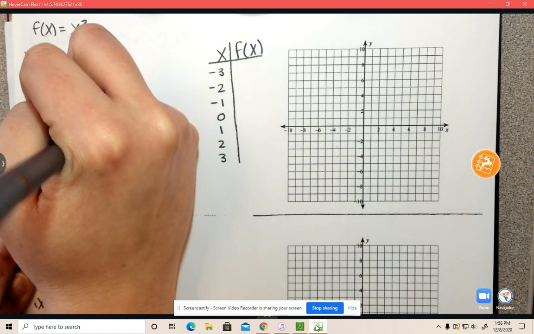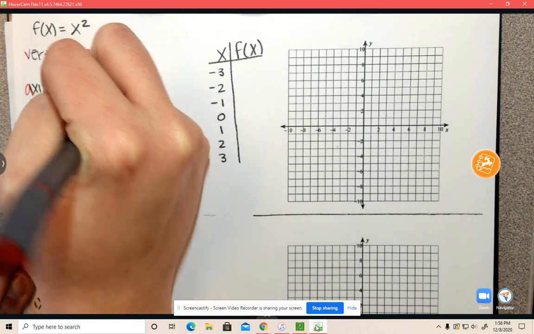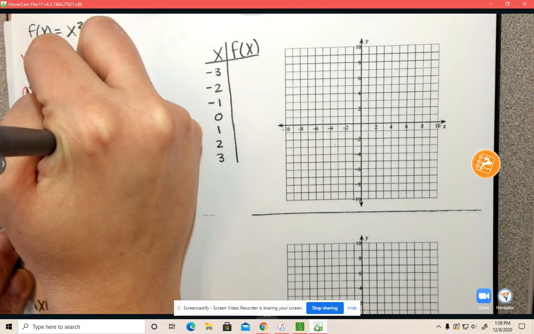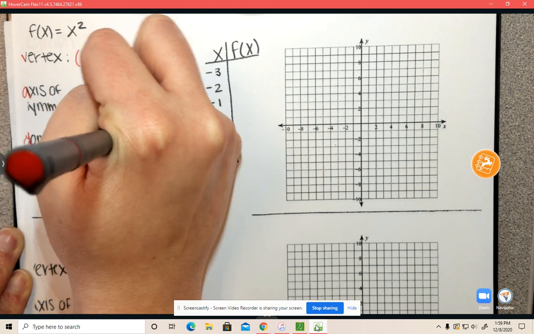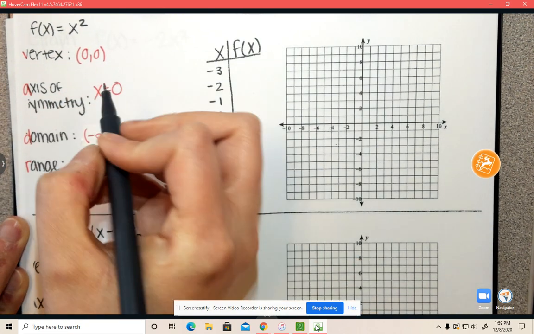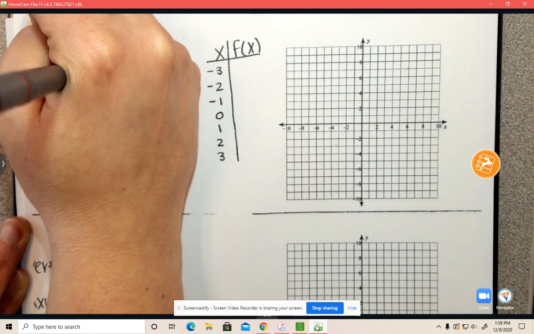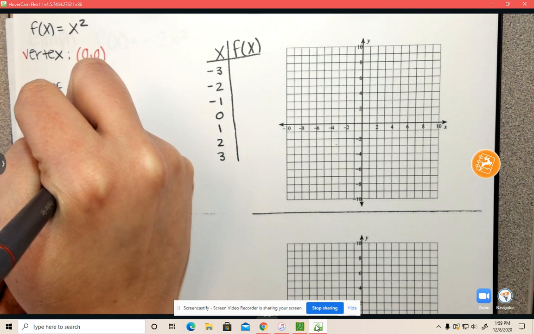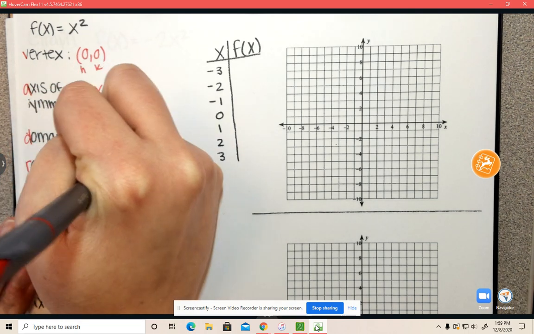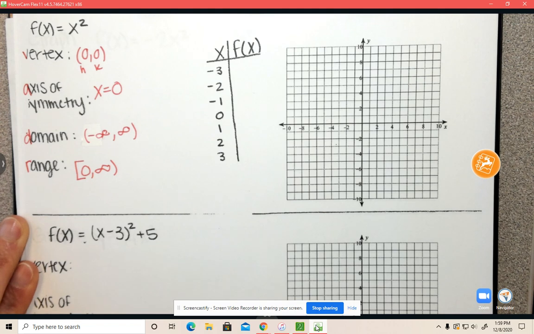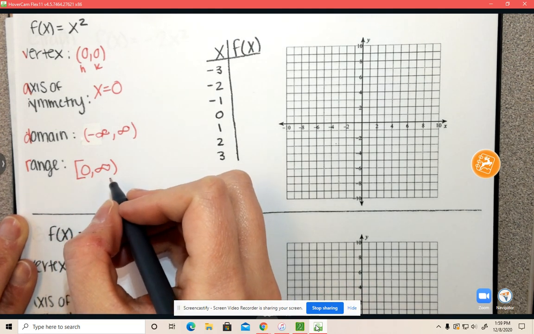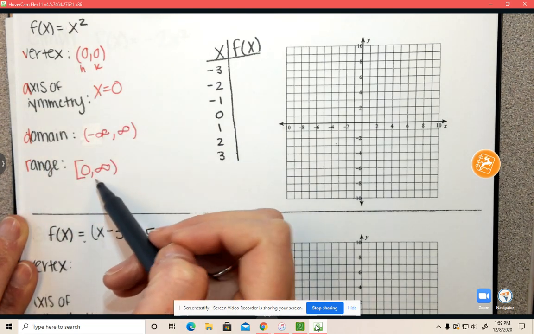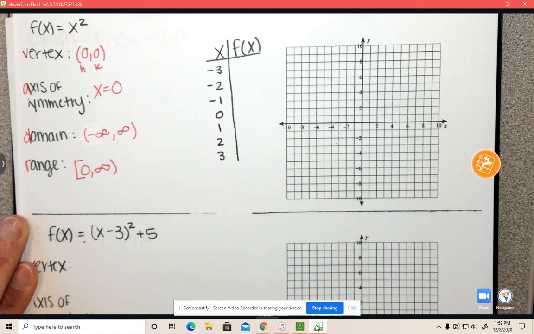Our domain is all real numbers, so parentheses, negative infinity to positive infinity. And our range is k to positive infinity, sorry, because a is positive, so we're going up with our graph.